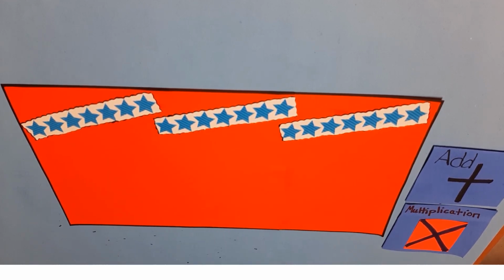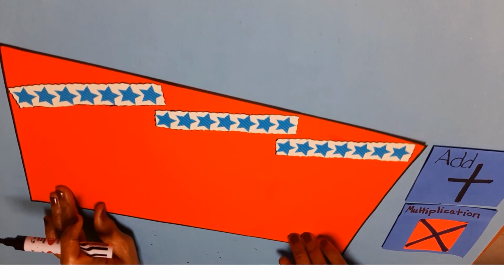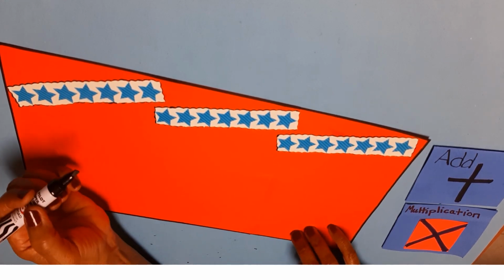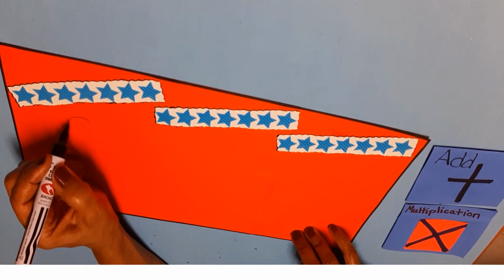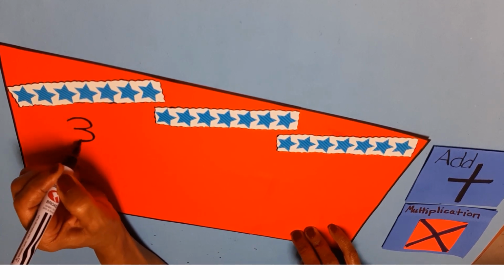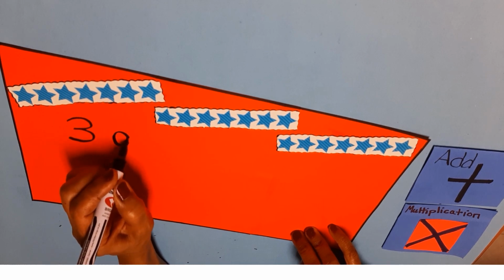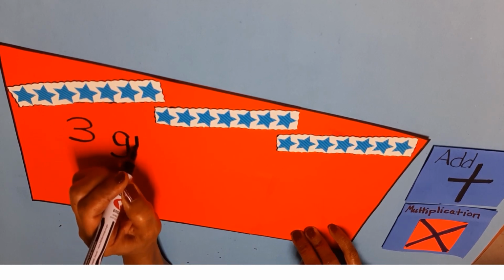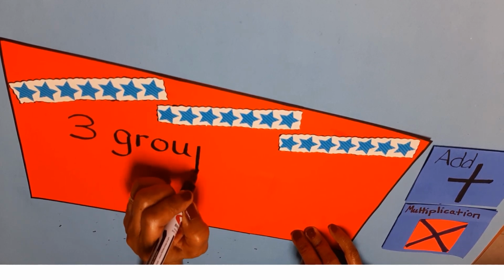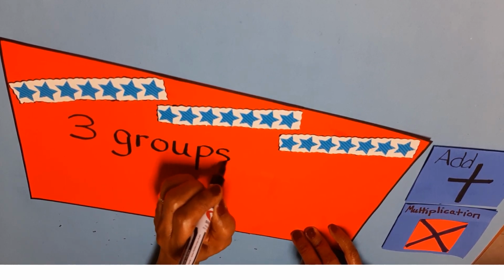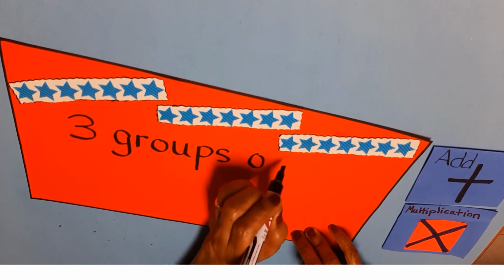Now what we're going to do here, we're going to go back and write our group. We have 3 groups. Three groups of 7.